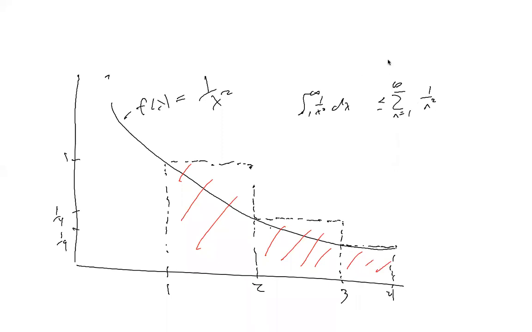Now, how about, could I get a lower bound on my integral? Could I get a lower estimation? Yeah, sure. Let's look at these rectangles instead. Instead of going above the curve, let's stay below my curve. Let's look at these blue rectangles.